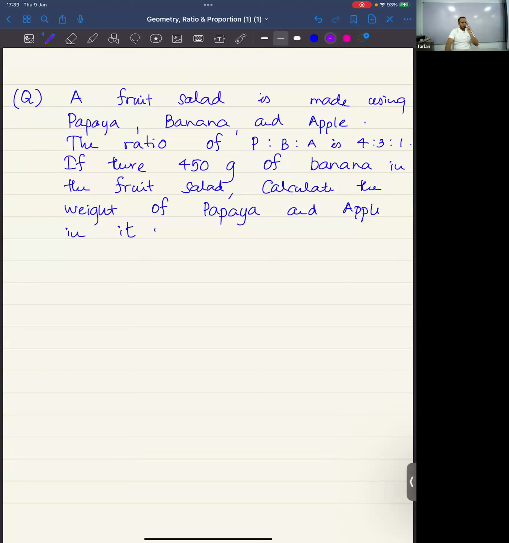Calculate the weight of papaya and the weight of apple separately. How much papaya in it and how much apple in it is what you have to find. You got an answer? How much? 600 grams. Sure.